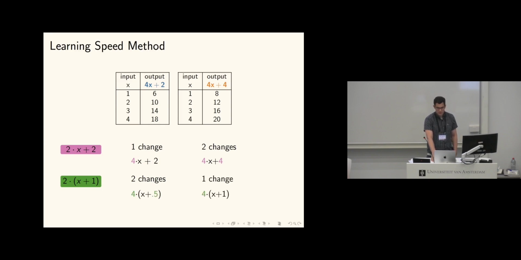We would therefore expect that if it was doing 2x plus 2, it'll be faster at learning the first mapping than the second, and if it was using 2 times x plus 1, it will be faster at learning the second mapping than the first. And we can thereby use relative learning speeds to recover which of the algorithms the network had originally learned.